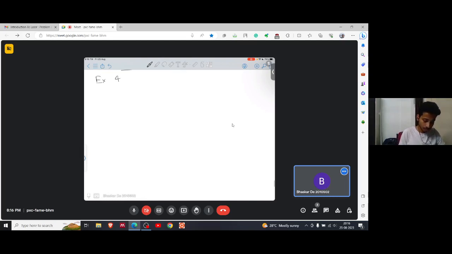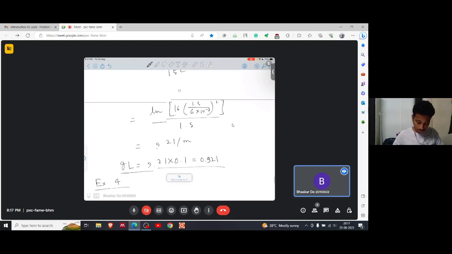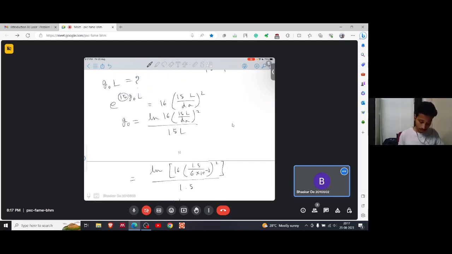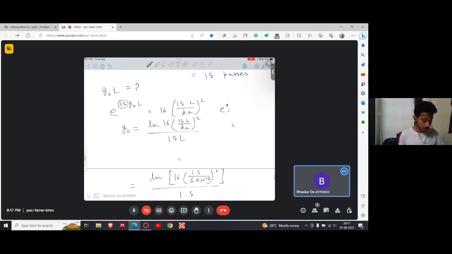Now another problem, number 4. In this particular problem I have used one formula, that is e to the power x equal to 16 L sat by dA.